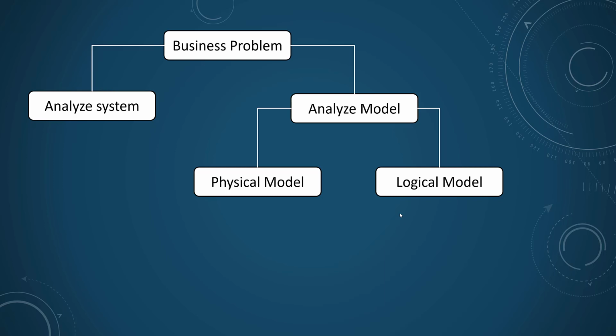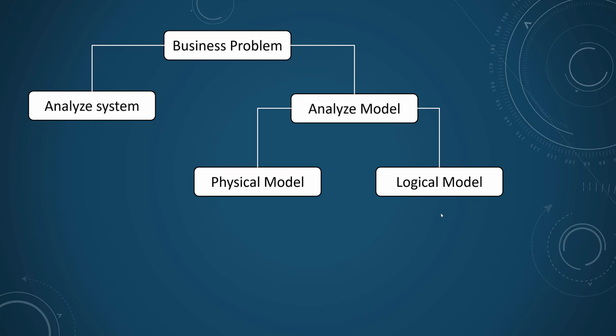To the extent that the logical model accurately or very closely resembles the actual system, the solutions we develop will be more useful and more accurate in predicting what will happen when we actually apply those recommended solutions.